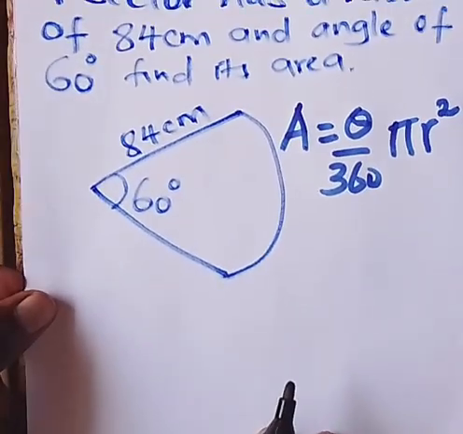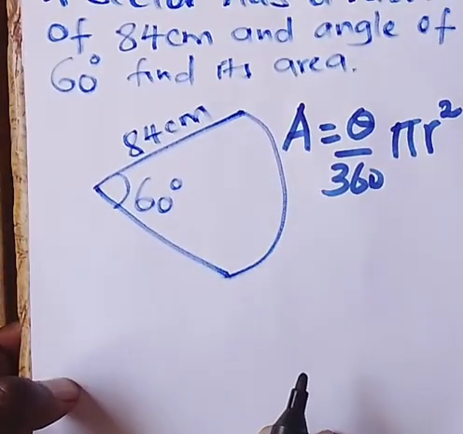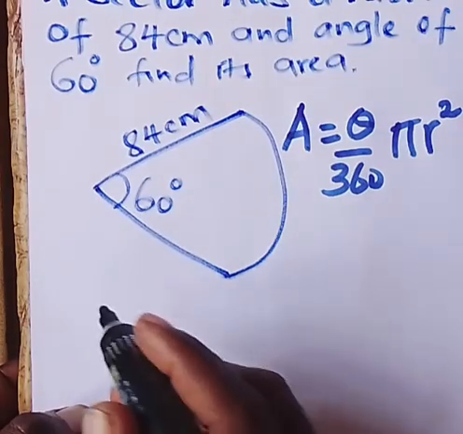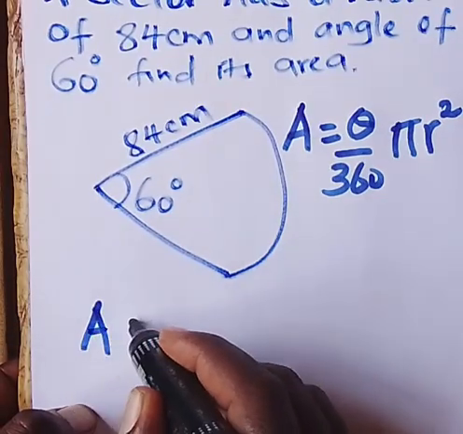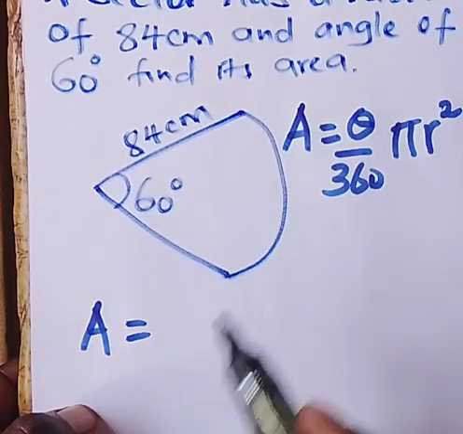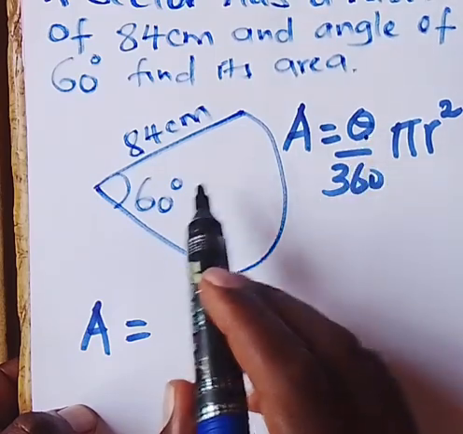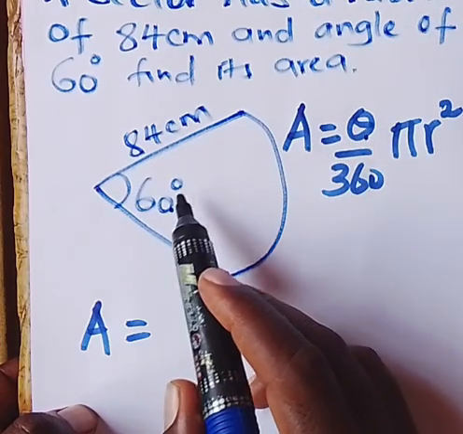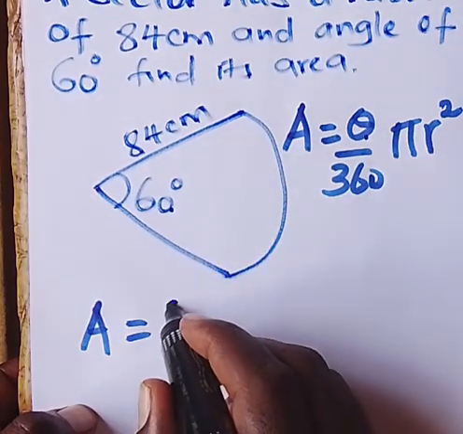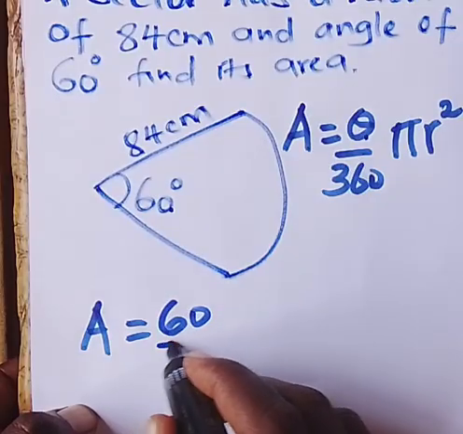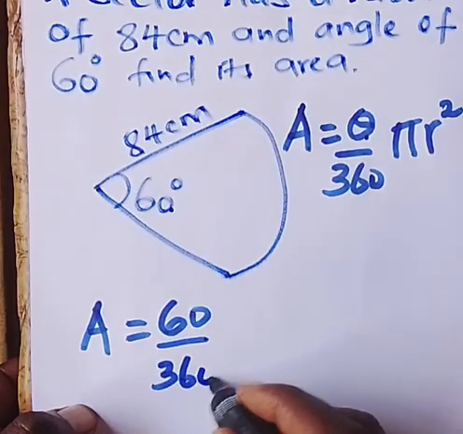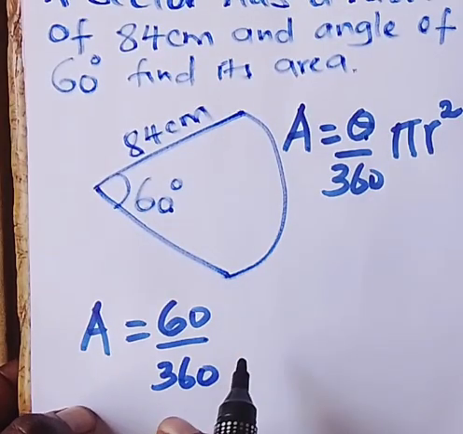Now we can pick whatever is in the question and substitute it in the formula. The area is given by, start with theta. Theta is the angle subtended at the center, so our theta is 60. You divide it by 360 to give you the fraction of the sector.